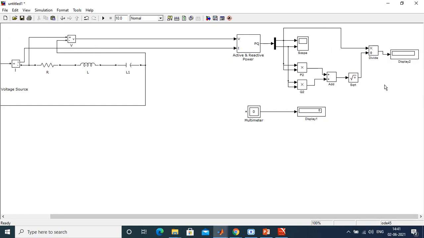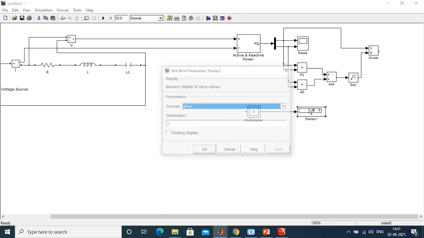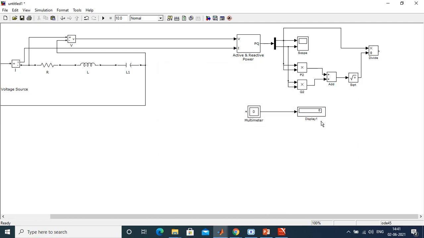I need to replace this value. This is your power factor. Okay. Here, power factor.